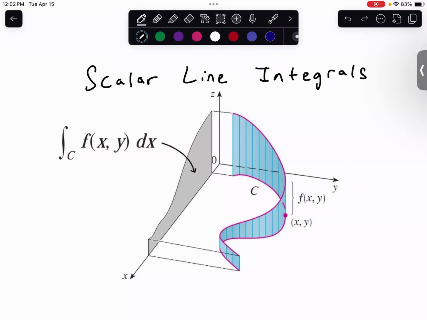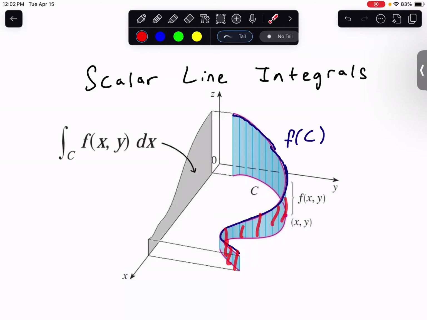So this is the image of the curve. I'm highlighting the image of the curve in blue. Maybe it's a little hard to see. But this is f of C. This is one way of writing it. This is the image of the curve after you apply f. When we're computing the scalar line integral, what we're really doing is finding the area underneath f evaluated at this curve, like what I'm highlighting in red.